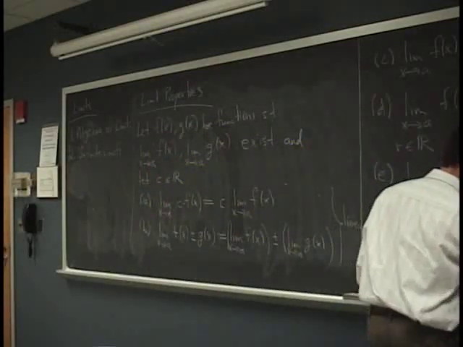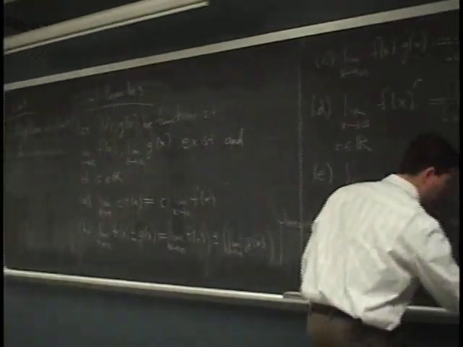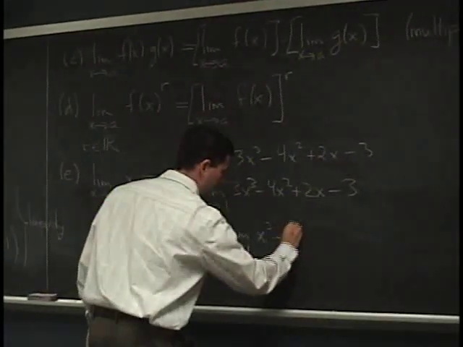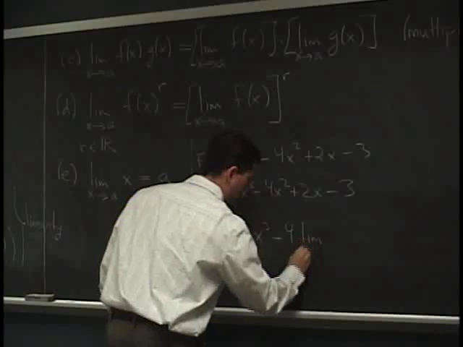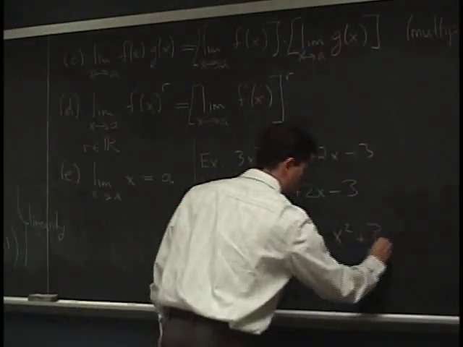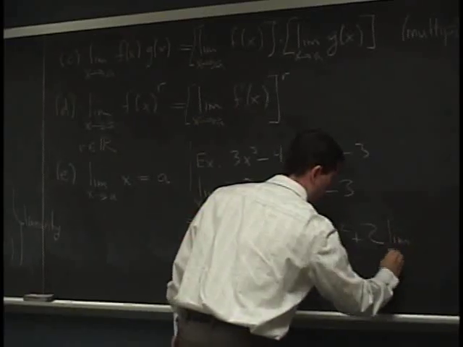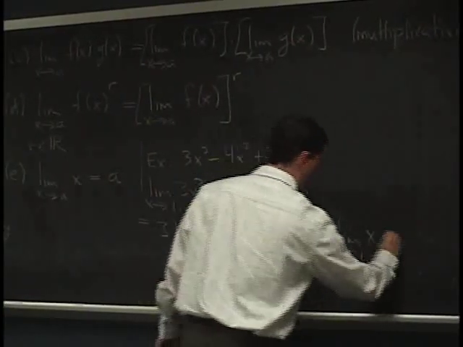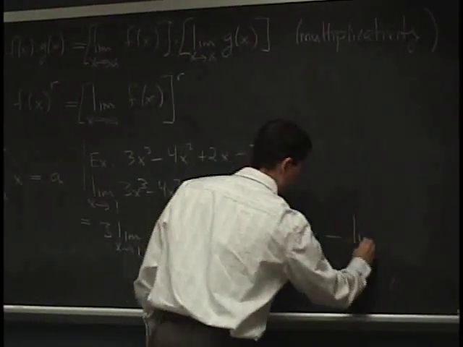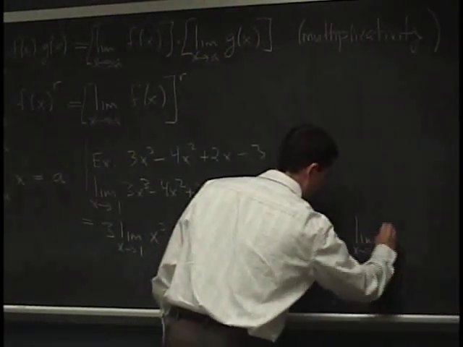So you get 3 times the limit as x approaches 1 of x cubed minus 4 times the limit as x approaches 1 of x squared plus 2 times the limit as x approaches 1 of x minus the limit as x approaches 1 of 3.